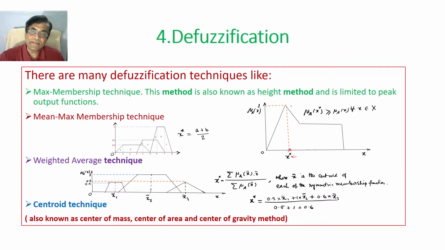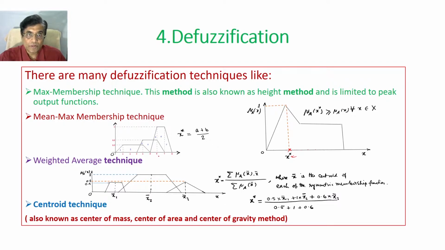Now, what will happen if we have more than one such maximum membership value related inputs, or elements in the universe of discourse, just like here, say. So this is my membership function, trapezoidal, right? And it has 2 points which have maximum membership value.